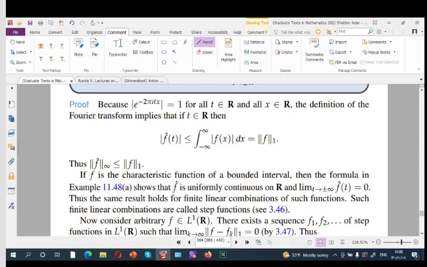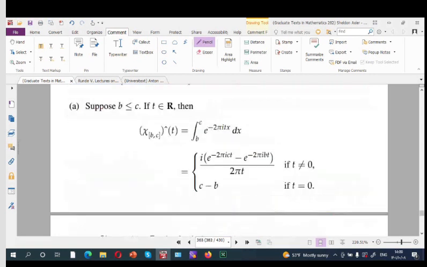This is very trivial because this function is uniformly continuous, and at t equal to 0, the limit of this equals c minus b.